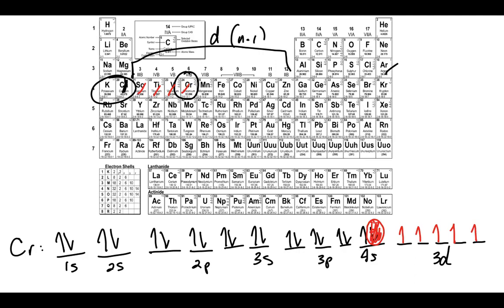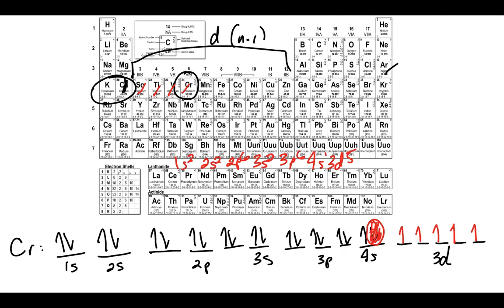It turns out that this configuration, 1s2, 2s2, 2p6, 3s2, 3p6, 4s1, 3d5, is a lower energy profile for chromium than a full 4s2 and a 3d4, because the difference in energies between 4s and 3d is very small.